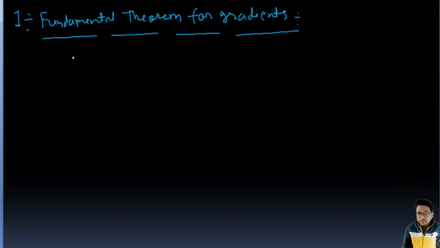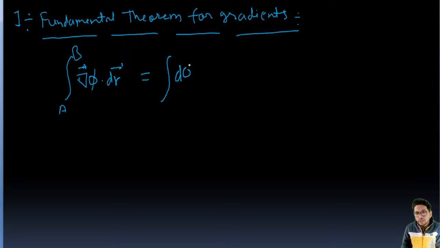This is the integration from a to b of the gradient of phi, where phi is a scalar function, dot dr. This is going to be equal to the integration from a to b of d phi, or we can write phi(b) minus phi(a). So this is the fundamental theorem for gradients.